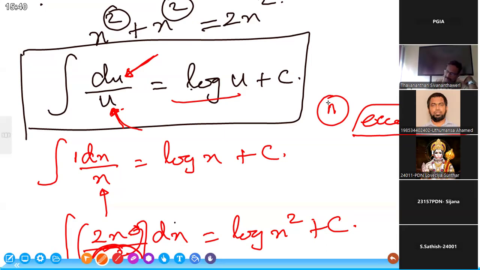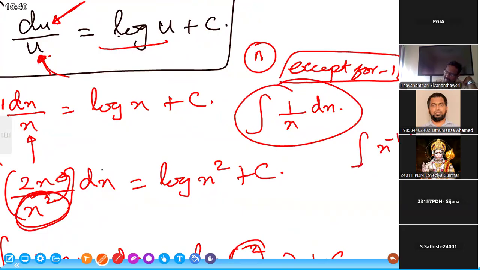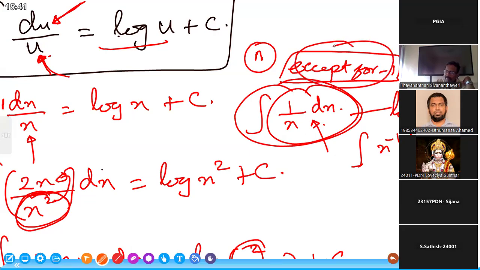When I say integration of 1 over x dx, how can we write this? Sometimes people might write integration of x to the power -1 dx. Can we write like that? Yes, we can. But if it is 1 over x dx, it is going to be a log function. That is why we said except -1.